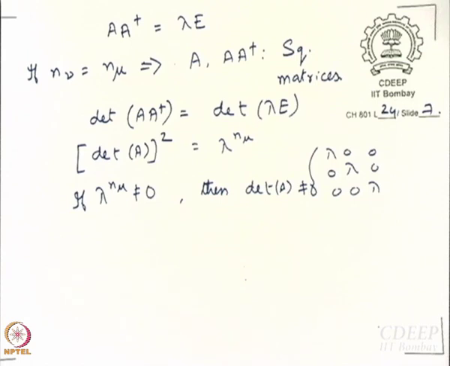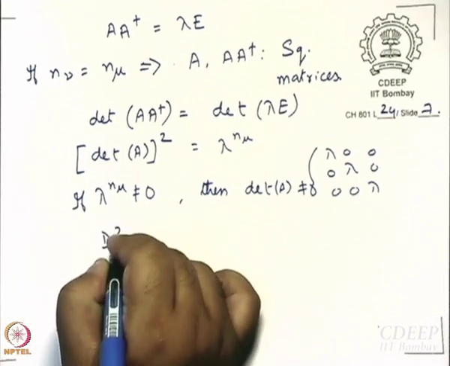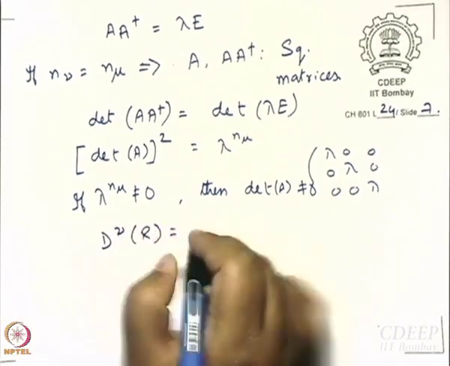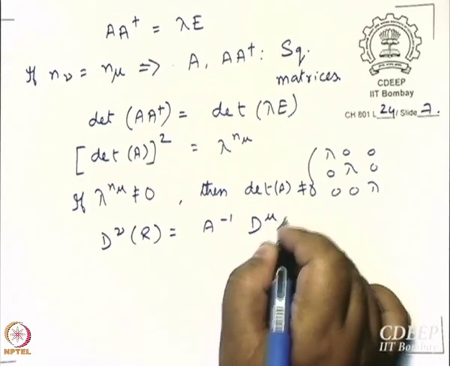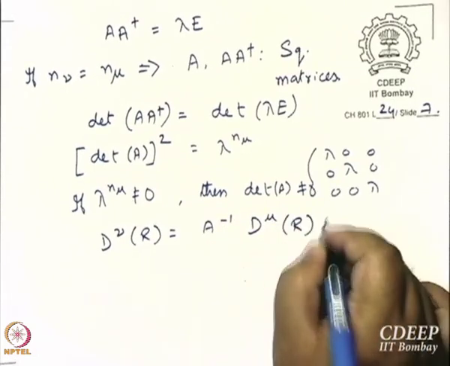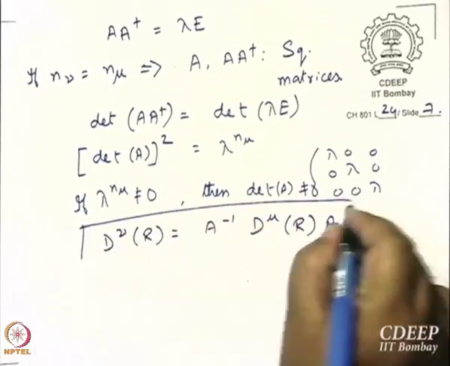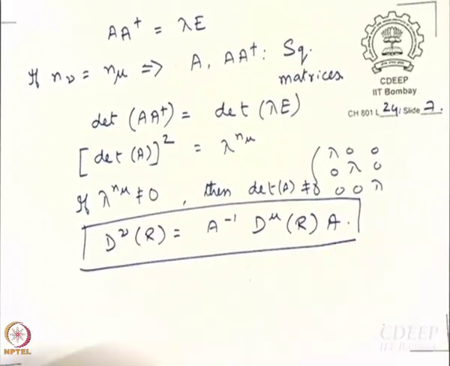Right? And it is going to have an inverse, and you are going to be able to write d nu r equal to A inverse d mu r A. For which value of r? For all values of r. So that is the relationship between gamma mu and gamma nu then, right?